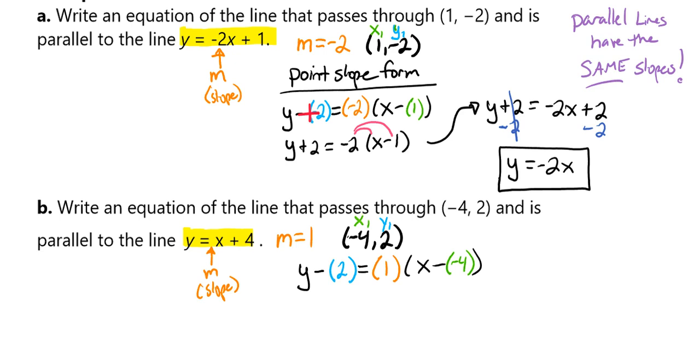Now here we see minus a negative, so that's really a plus. We can rewrite this as y minus 2 equals 1 times x plus 4. Then we'll distribute our 1, which doesn't change it, but makes it y minus 2 equals x plus 4.